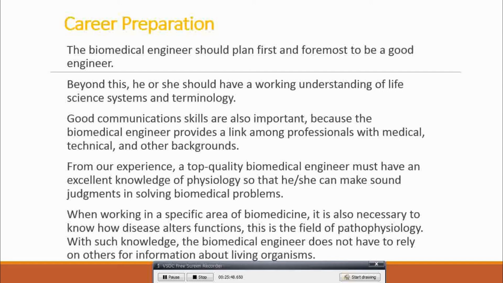So you will be the interperson between the medical personnel, the people who sell the equipments, the users, the doctors, the nurse, the technical people, so you have to have excellent communication skills, so that people can understand you.